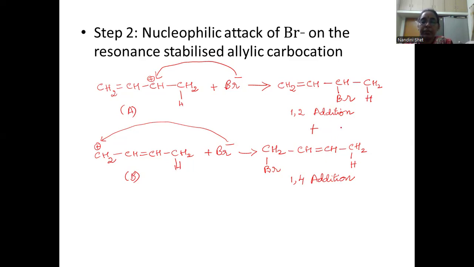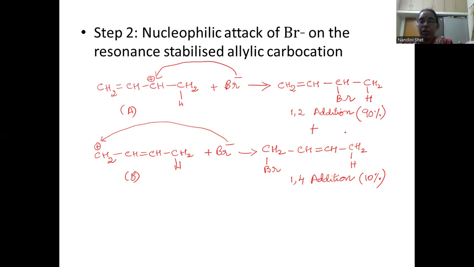For example, if you carry out this reaction at minus 78 degrees Celsius, at low temperatures, this 1,2 addition product will be the major product. We get 90% of this and the remaining 10% is 1,4 addition.